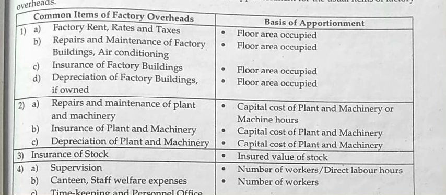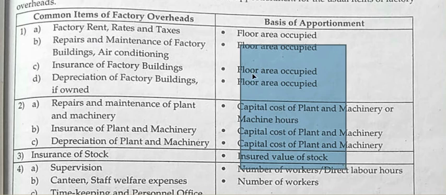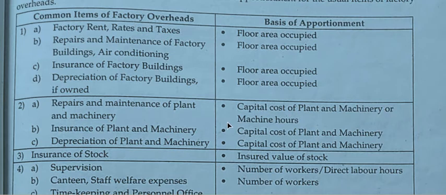Now students will remember that whenever some kind of expenditure appears in this form, then they have to remember the basis. If they don't know this part, then they cannot apportion this overhead. They cannot apportion this. So that is why this is very important.